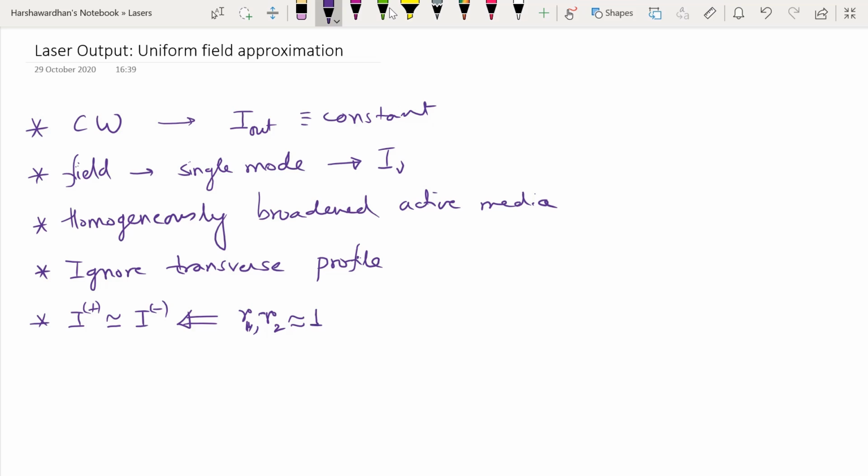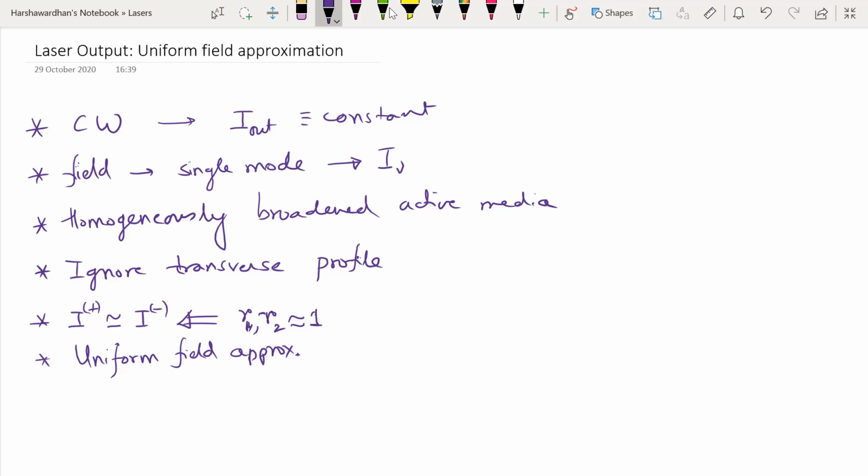If they are, then I_plus and I_minus are not only equivalent, we are also demanding that they are uniform within the cavity. Now, by making this uniform or mean field approximation, what I have ignored is also the spatial hole burning. I have essentially averaged over the spatial variation of the field. So that is another approximation that I am making here.